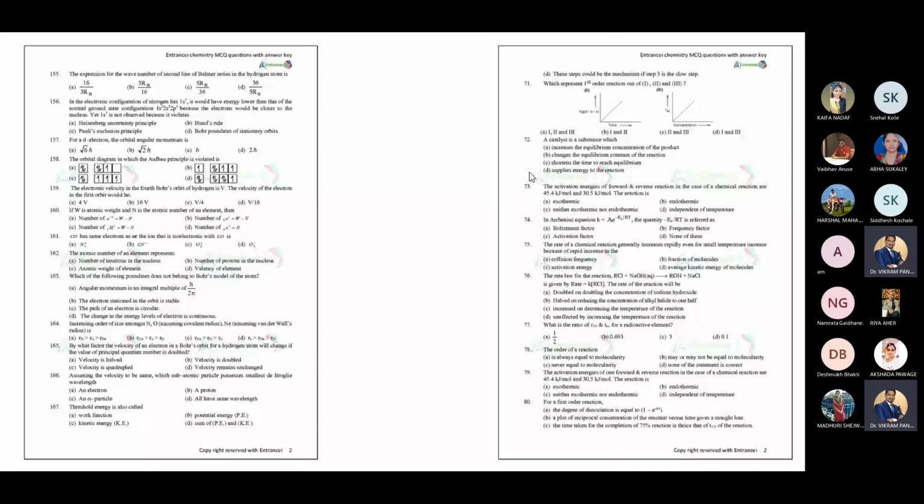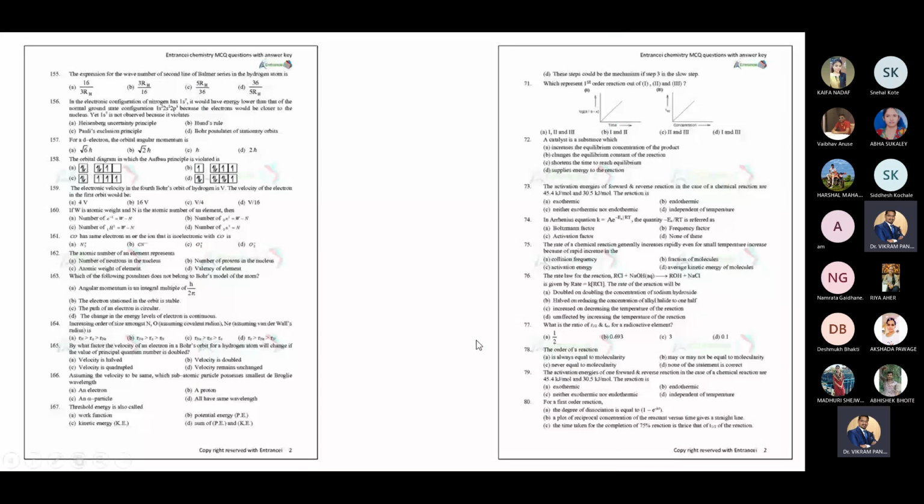For example, from here to here, 10 questions are there. Okay. What you have to do is solve these multiple choice questions for organic, physical, and inorganic chemistry. How to practice: just take 5 questions.